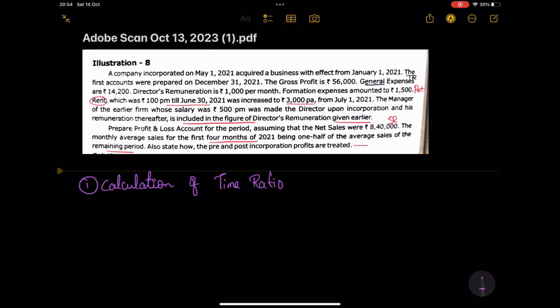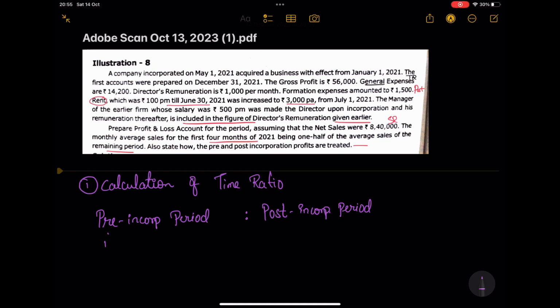So how will we calculate time ratio? Pre-incorporation period is to post-incorporation period. This is how we will solve, isn't it?